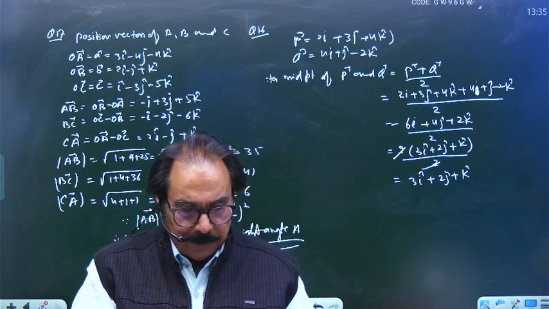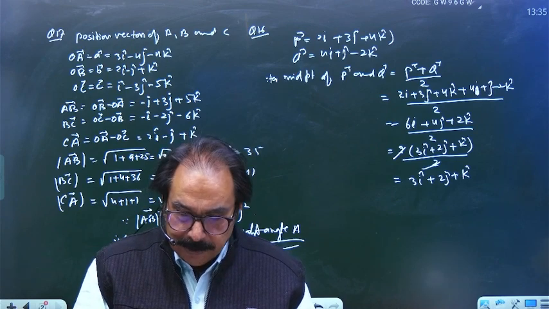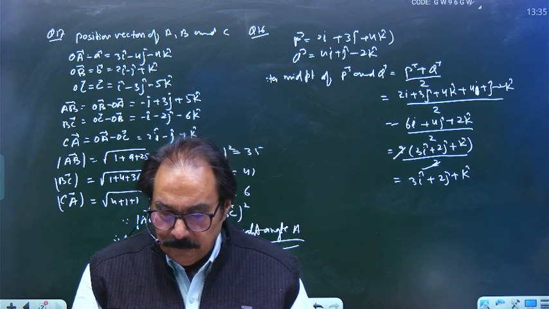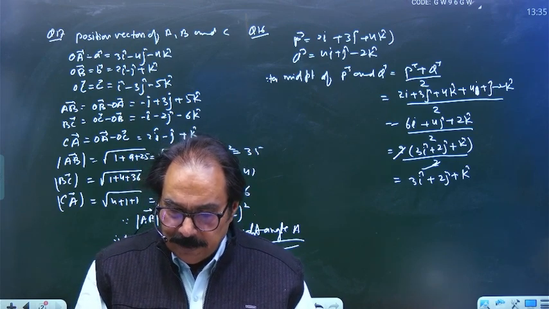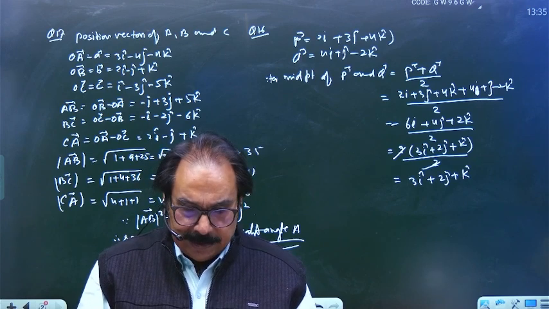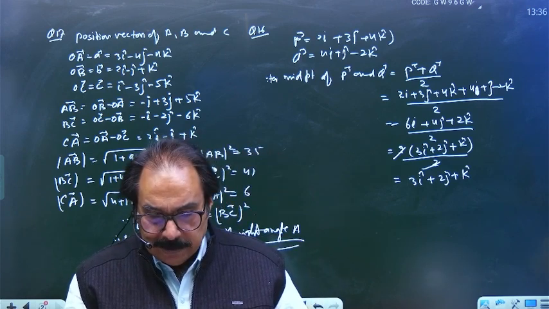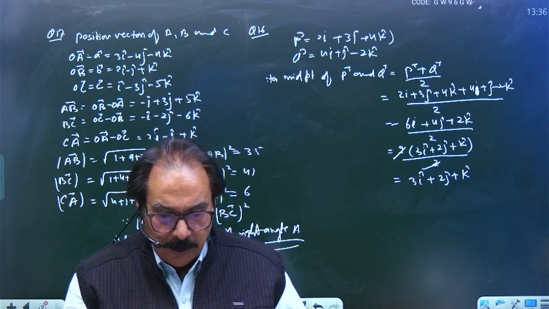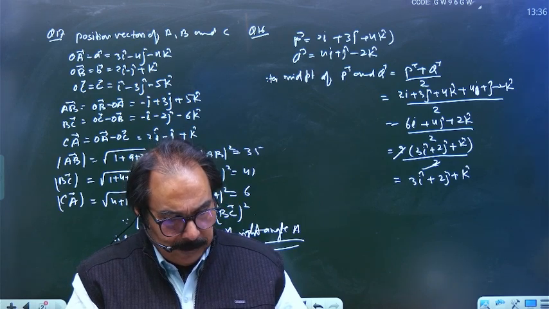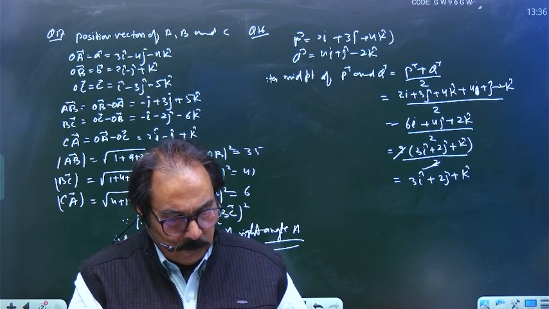Now the 19th question is again an MCQ question. If A and B are two collinear vectors, then which of the following are incorrect? Vector B is equal to lambda times vector A for some scalar lambda, it is true. Vector A is equal to plus minus vector B, again it is true.